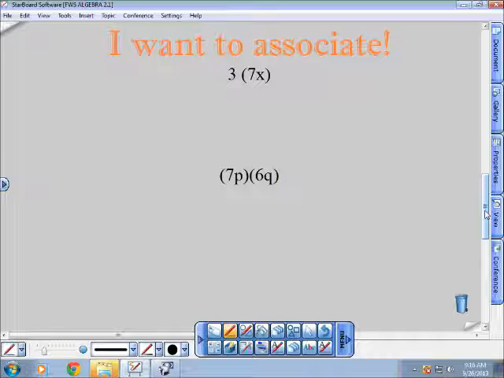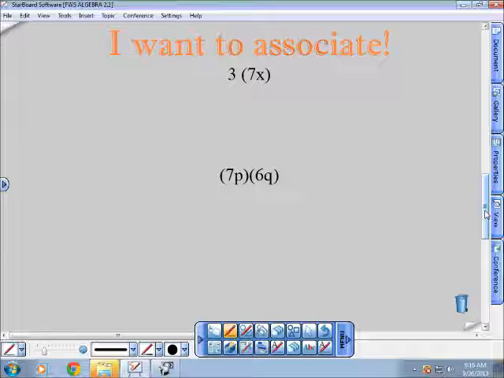Okay. I know you guys want to associate, right? 3 multiplied by 7x, and 7x is their own little group. So Kate, how would you associate? 7 times x doesn't tell me much, right? I don't know what x is, so I can't really simplify that.